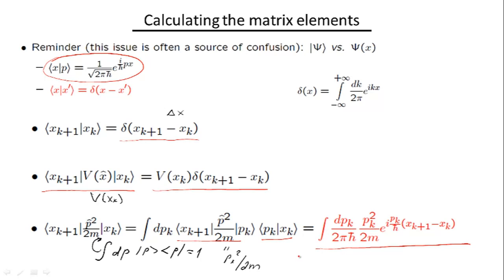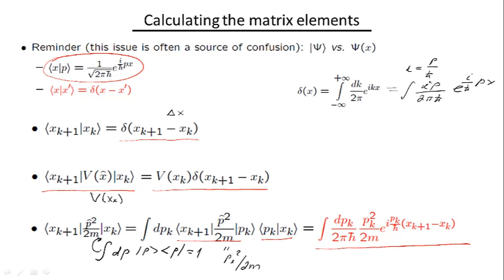In order to write all matrix elements in a similar fashion, we can use this relation for the delta function, basically the Fourier transform of the delta function, and just replace k with p over h bar. If we do so, we get essentially the same integral, but now integrated over momentum, and the exponential will involve i over h bar, p times x.